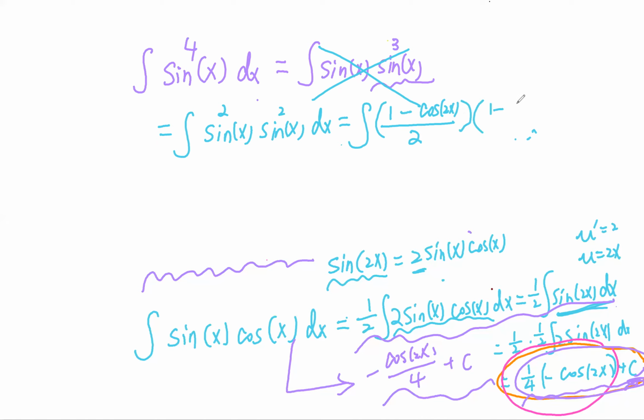That's going to be 1 subtract. Now basically I have a perfect square. So that's going to be 1 subtract cosine 2x over 2 squared.